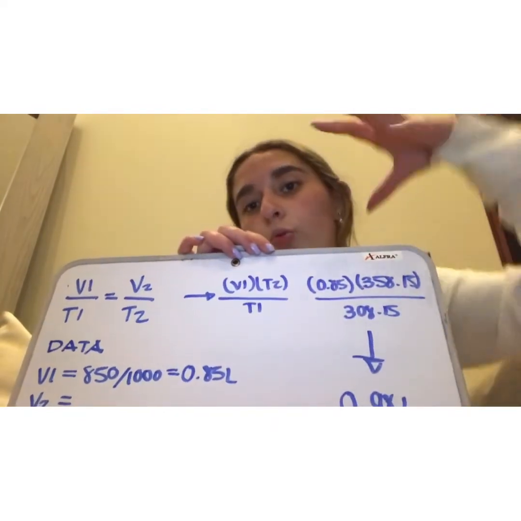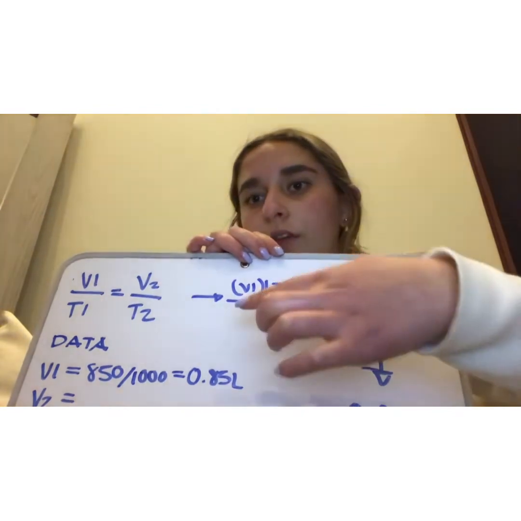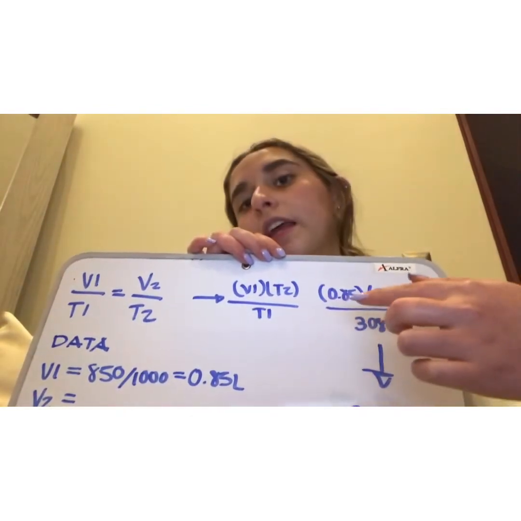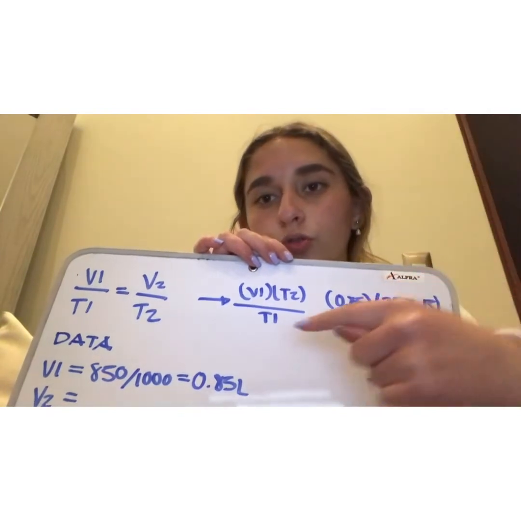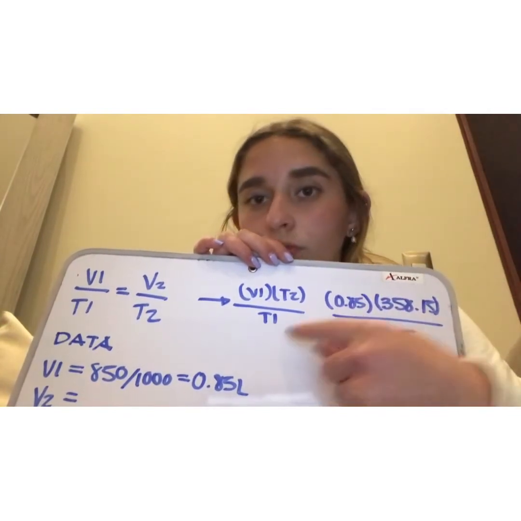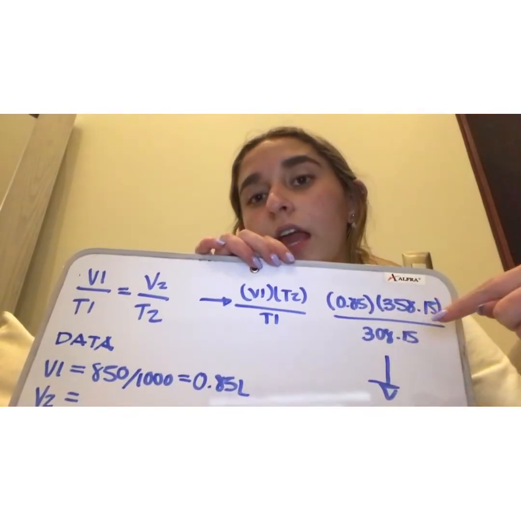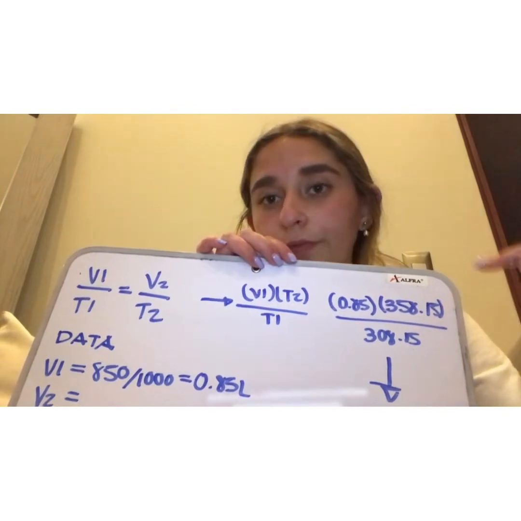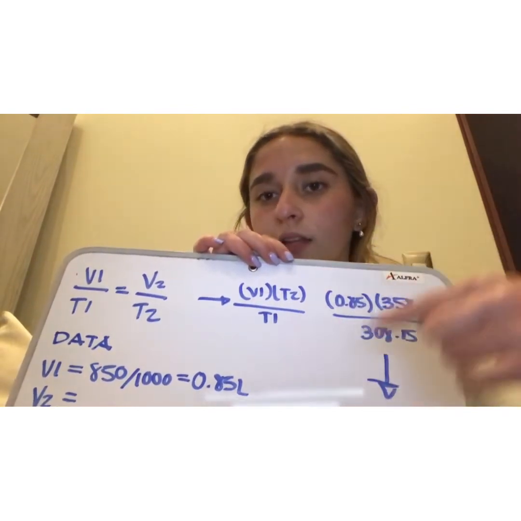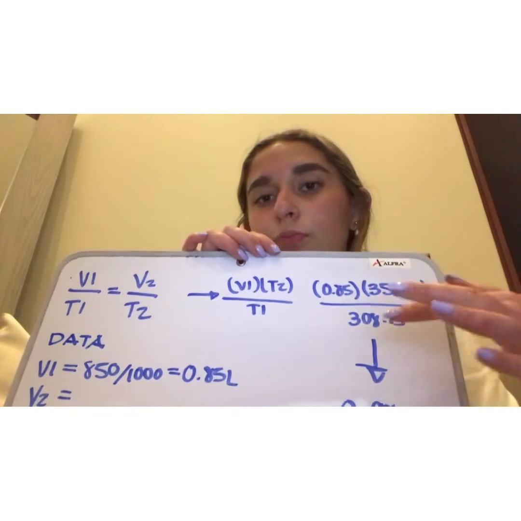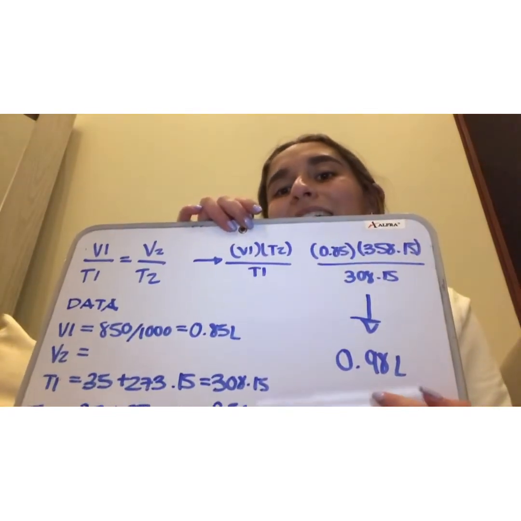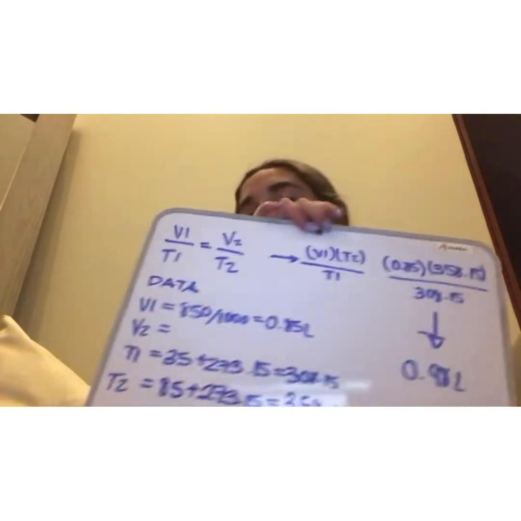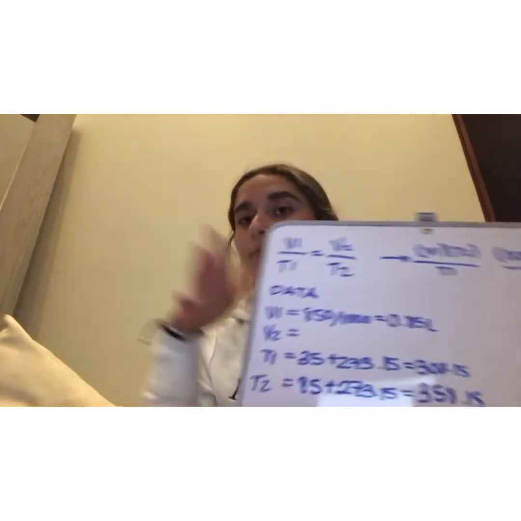Okay, so we put the corresponding numbers: V1 is equal to 0.85 multiplying T2, that is 358.12, divided by the temperature 1, that is 308.12, that is equal to 0.98 liters. Okay, so this is our second result.